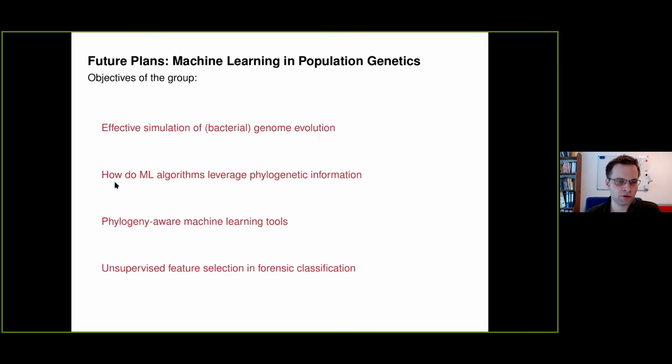We want to understand how machine learning algorithms can leverage the phylogenetic information which is contained implicitly in the data, and to finally develop phylogeny-aware machine learning tools. And we're also working a little bit on unsupervised feature selection in forensic classification, which I didn't talk about today, but I just wanted to mention it quickly here.